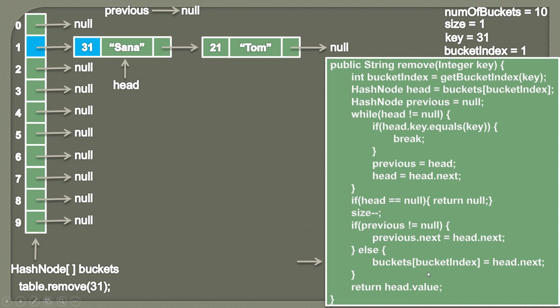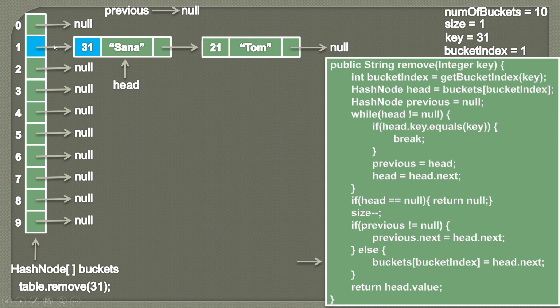And in the else part you can see why we are doing head.next. In use case 1, head.next was pointing to null, but here there is a possibility that head.next is pointing to other nodes. So we can't directly break this link. So to the buckets array at bucket index we assign the value head.next.